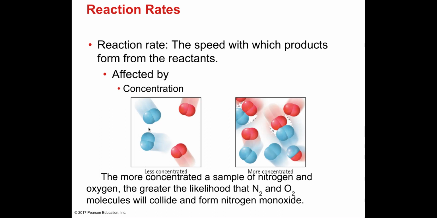This is a less concentrated environment because here, in the same amount of space, you only have four molecules. But in the same amount of space here, how many molecules do you have? You have about 10 molecules. So you have many more molecules in the same amount of space compared to this one.